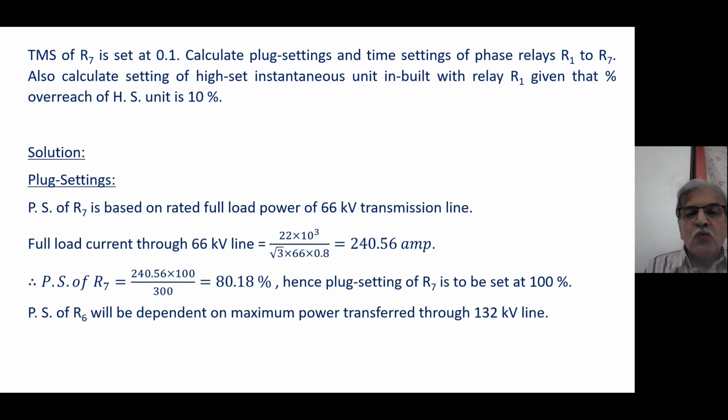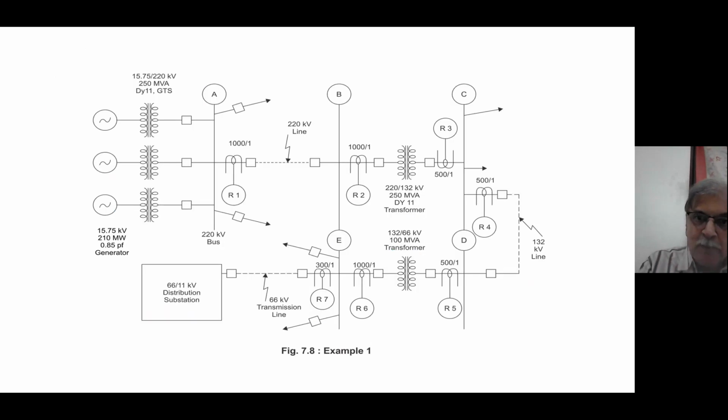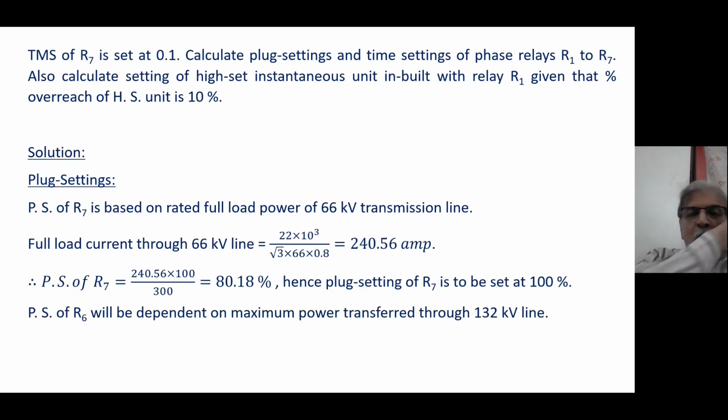So I'm coming to 240.56 ampere. 240.56 ampere as a percentage of 300, because R7 is mounted on a 300/1 CT, is 80.18 percent.